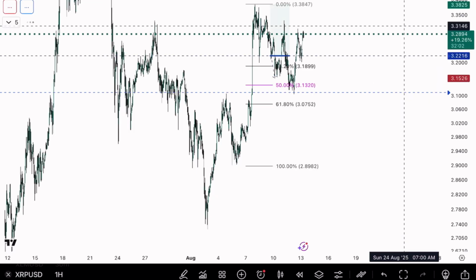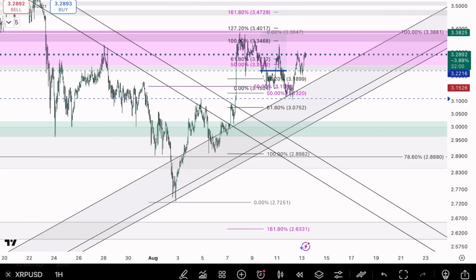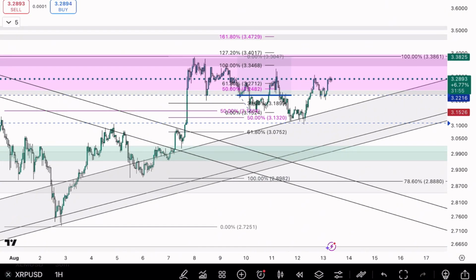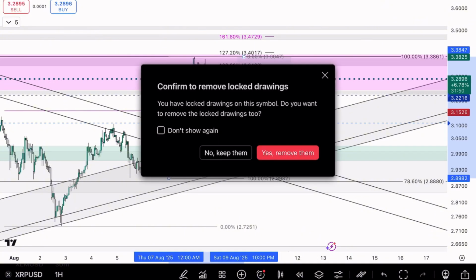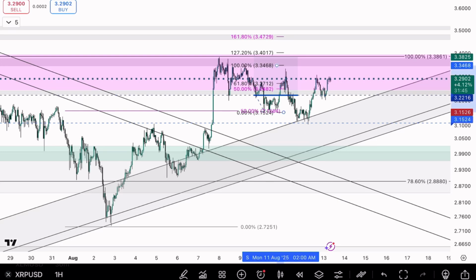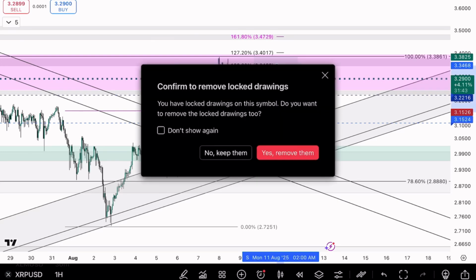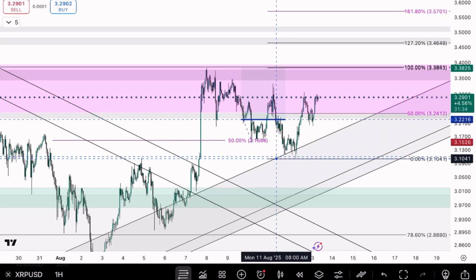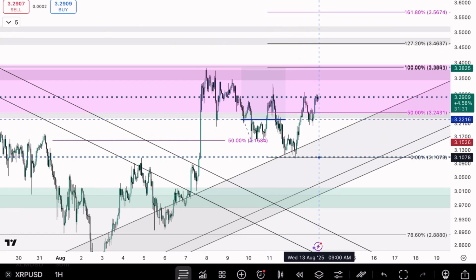All right, XRP. And I haven't really updated this chart. I always do my little minor pivots.